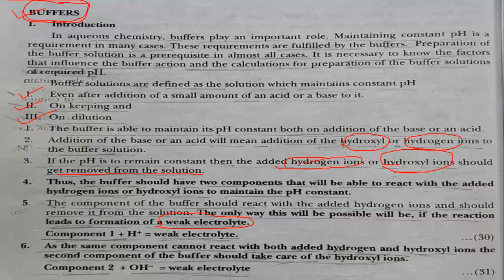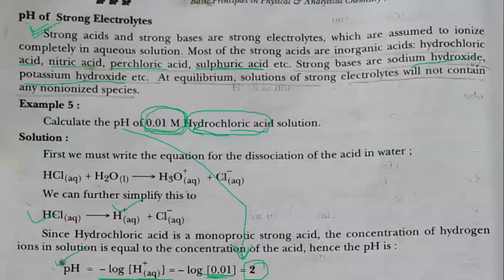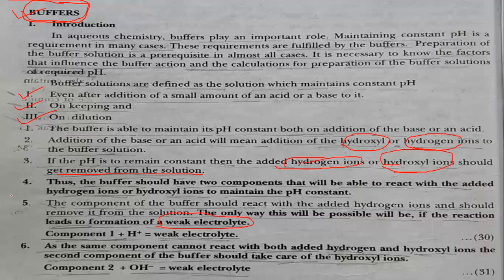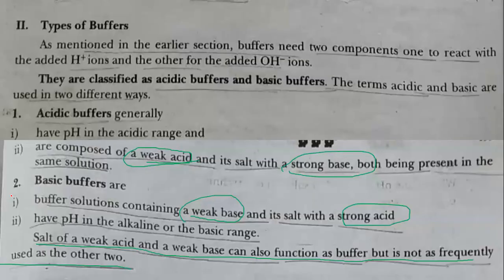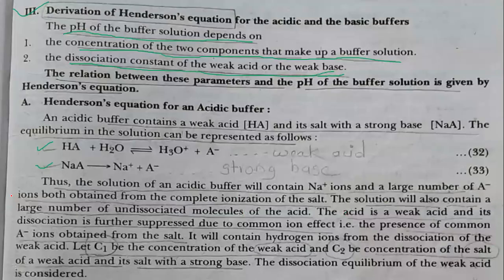What is a buffer solution? A buffer solution is a mixture of electrolytes. Here is an example: one is a weak electrolyte, and it's a salt. So this is the buffer.